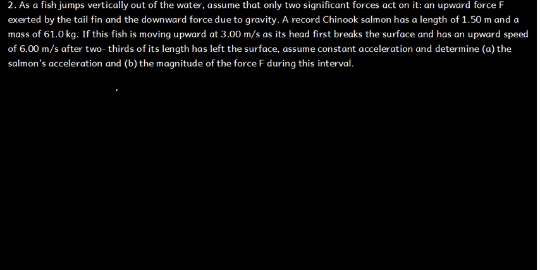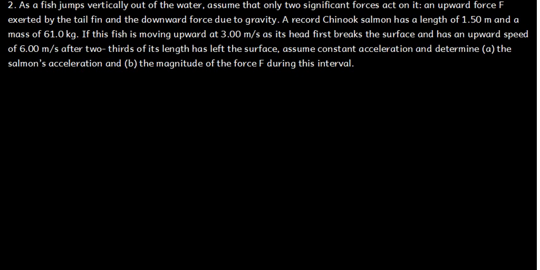Now let's solve this question. This question is saying, as a fish jumps vertically up out of the water, assume that only two significant forces act on it: an upward force F exerted by the tail fin and the downward force due to gravity. A record Chinook salmon has a length of 1.5 meters and a mass of 61 kgs.